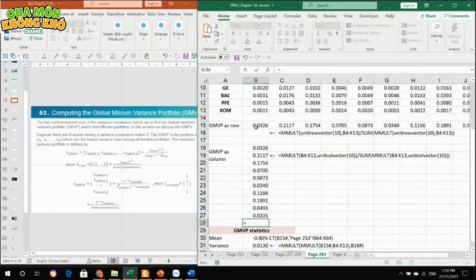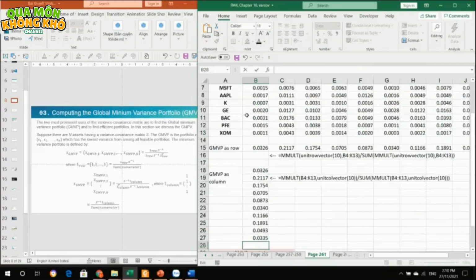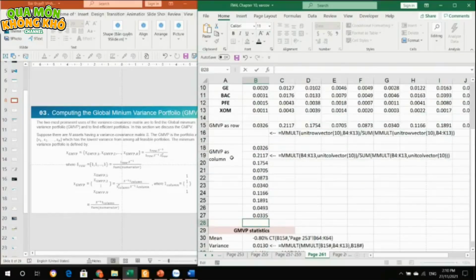Yes. What is allocation? For example, we have $100 to invest in 10 stocks here. How do we optimize our return? So we have the GMVP.